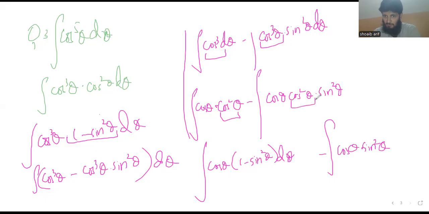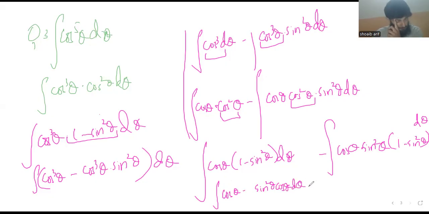In the place of cos square, we will use 1 minus sine square theta, d theta, and here also d theta. So here is cos theta minus sine square theta cos theta d theta. Oh, sorry, the bracket is here.